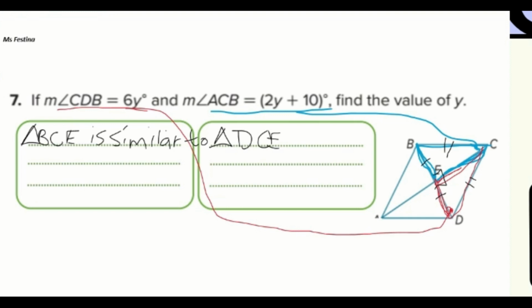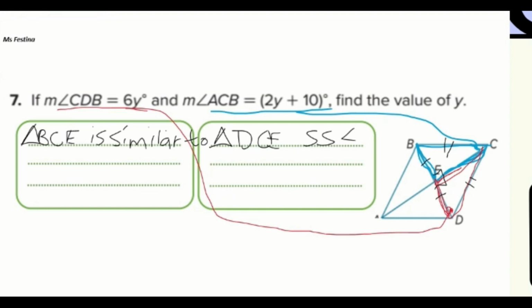Why? Because side, angle. That's our reason.